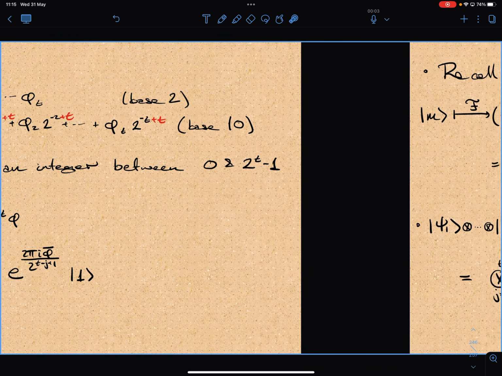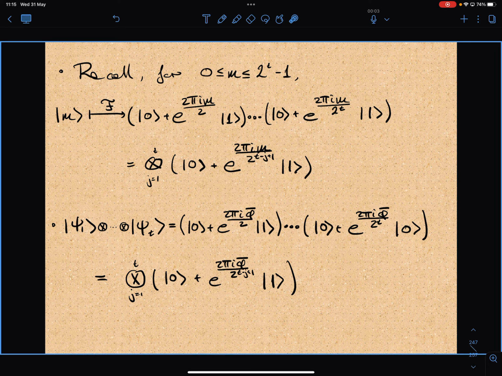And then to finish the circuit we need this observation, or recall the definition of the Fourier transform and its circuit. Although we're going to black box the circuit, we recall the operation of the Fourier transform. Again, the Fourier transform here is only for a certain range of numbers, and it depends on the number of qubits you put into the circuit.